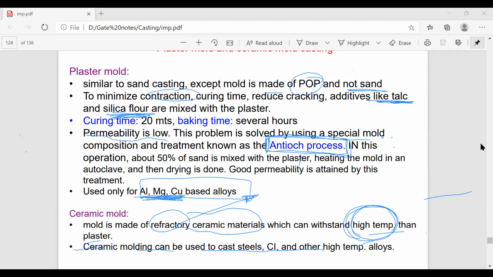It is in D drive, notes and casting. I have shared one PDF file. Have you received it? Both of you? Please check, Akash and Devendra. Did you receive it? Have you shared it on Zoom or on WhatsApp?